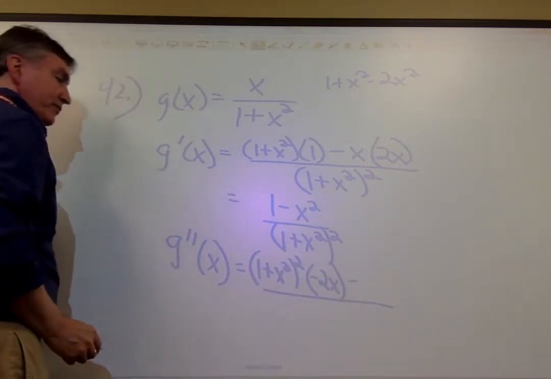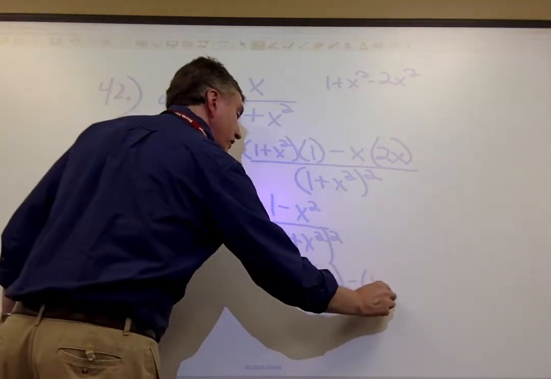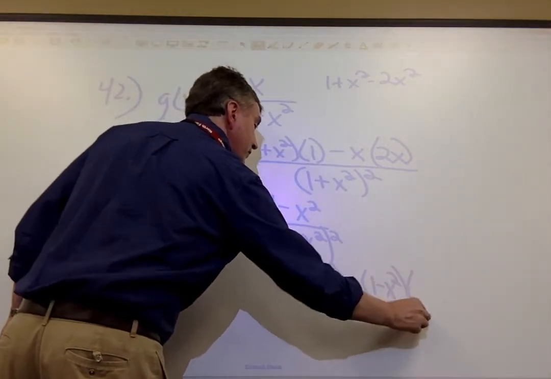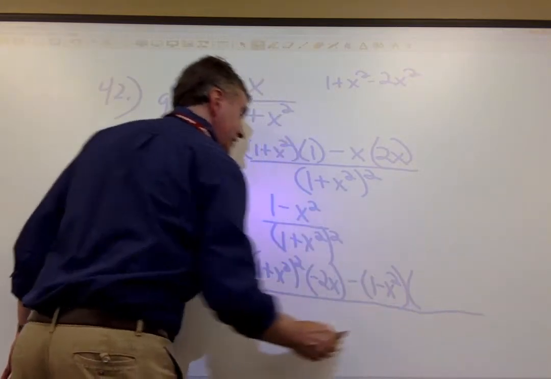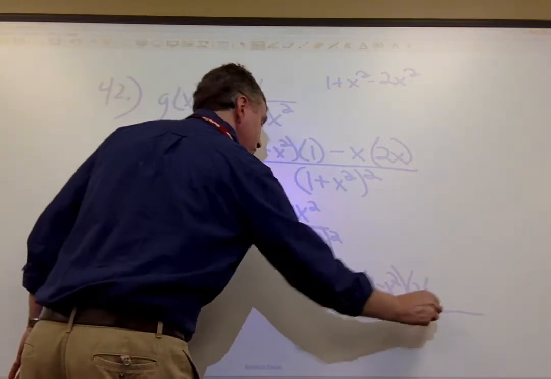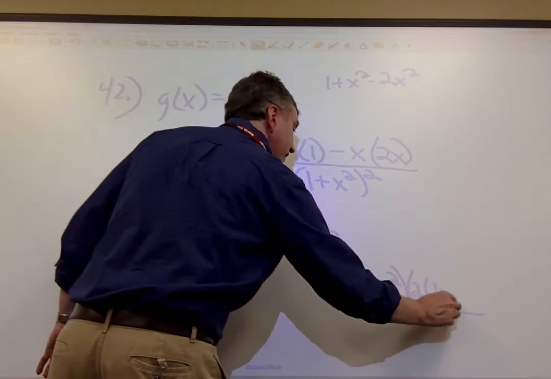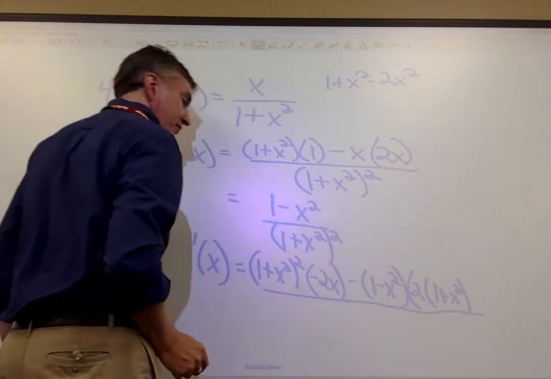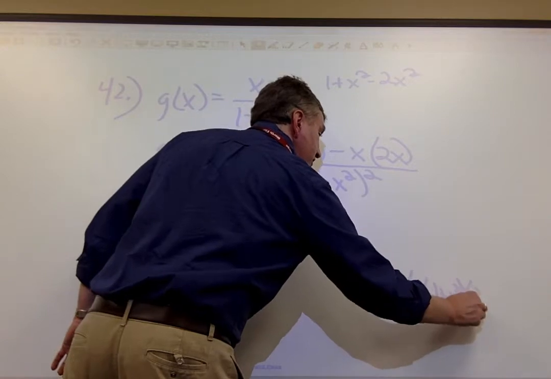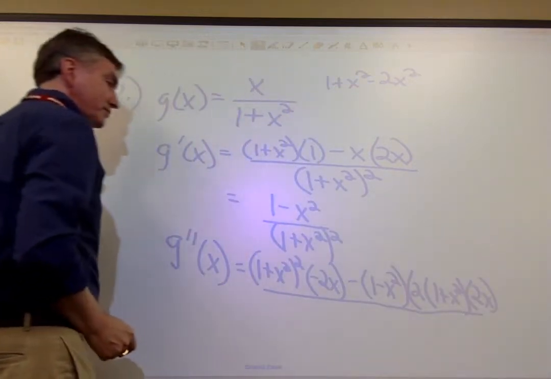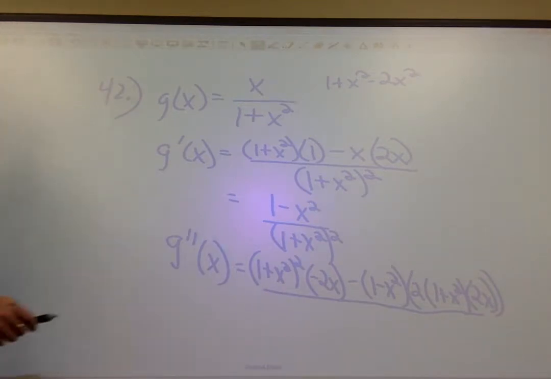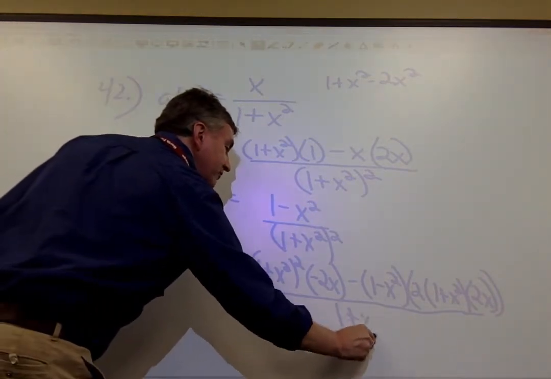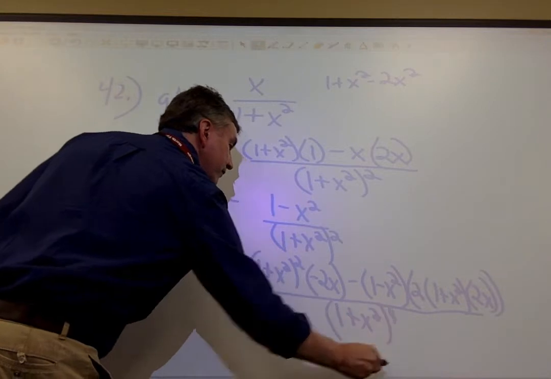Minus the numerator times the derivative of the denominator. Ouch. That's 2 times 1 plus x squared to the first times the derivative of the numerator. Okay. Over 1 plus x squared to the fifth. Not pretty.